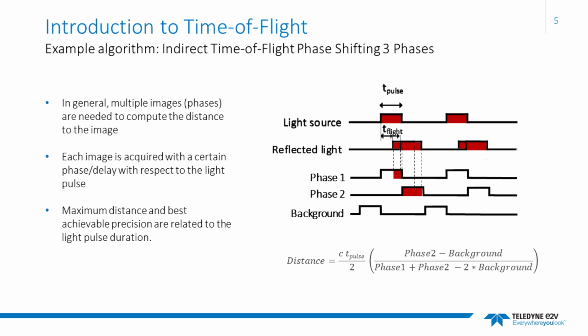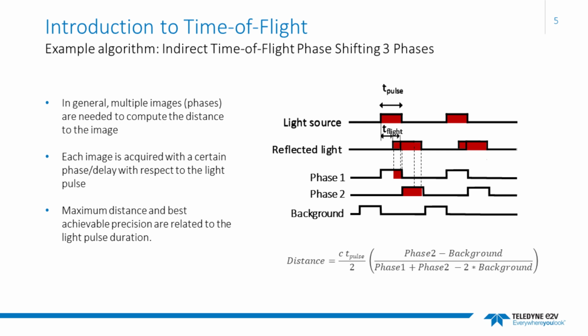After that, the sensor receives the reflected light with a delay of T flight. Contrary to direct time of flight, in indirect time of flight, we will not directly calculate this delay. Instead of that, we will compare the ratio of charges which are received in each tap or memory node of the sensor.